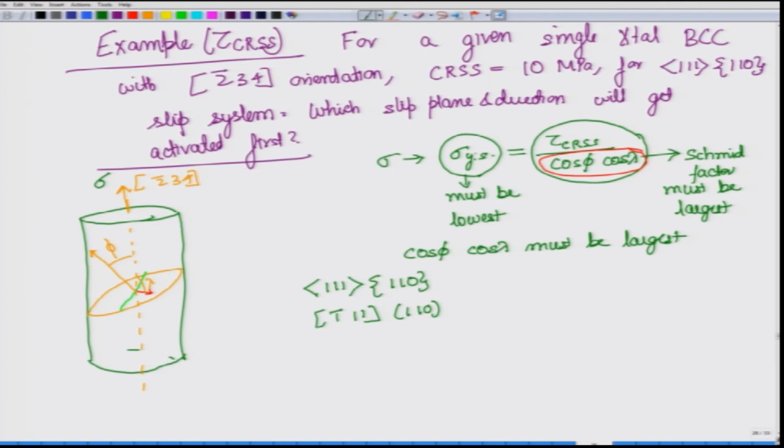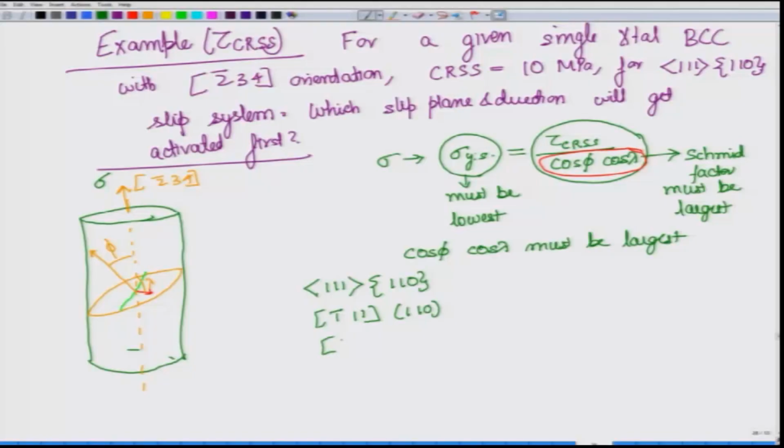Why is that so? Because this is a slip system and the slip direction must lie on the slip plane. So, this particular direction must lie on this plane, so that the product must be 0. Okay, so, this is one example. There can be several more that we can find, 1 bar 1, again 110 and so on.